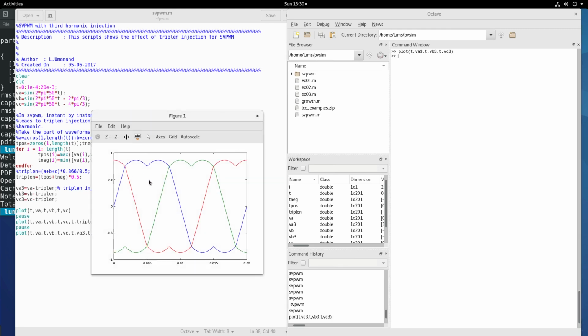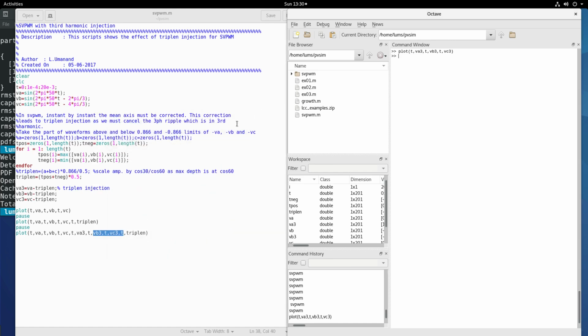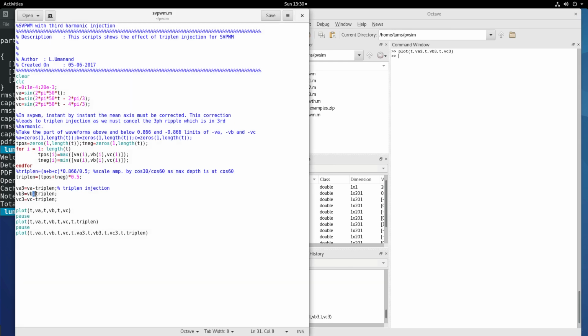You will see a wave shape with the top flattened out, which gives the extra mileage for the modulation. One can subtract the triplen from the original sinusoidal modulating signal, or one can add the triplen to the triangular carrier. Both are fine. In the analog implementation case, we added the triplen to the triangular carrier.